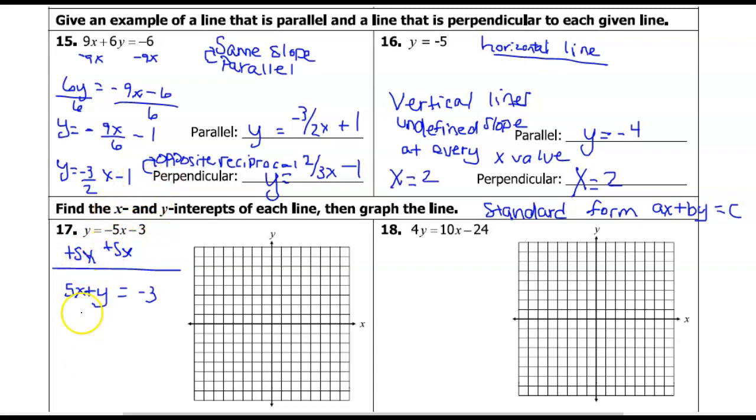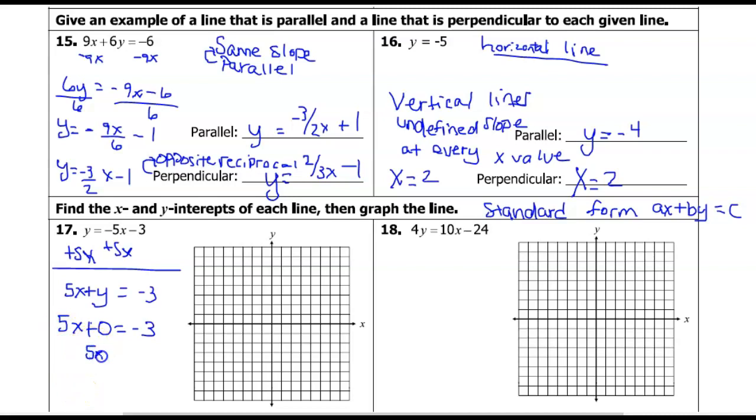If I want to find the x-intercept, the x-intercept is going to happen when y is equal to 0. So I'll plug in a 0 for y. So I got 5x plus 0 equals negative 3. And then I'll solve for x.